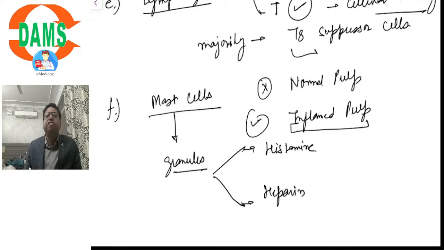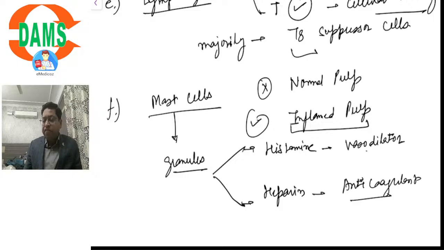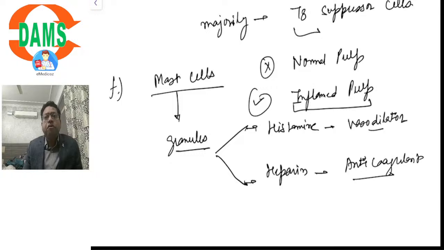When? When there is inflammation of the pulp. Histamine is a vasodilator, an inflammatory mediator that is a vasodilator, and heparin is an anticoagulant. So both of them give rise to the characteristic appearance of copiously bleeding pulp, which is clinically indicating that it is an inflamed pulp.